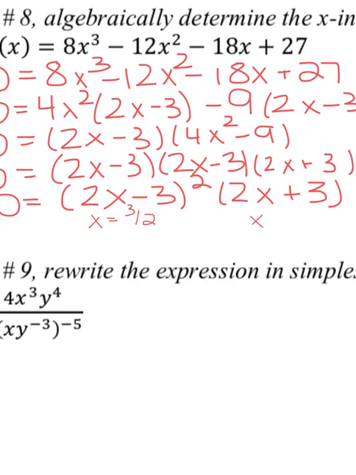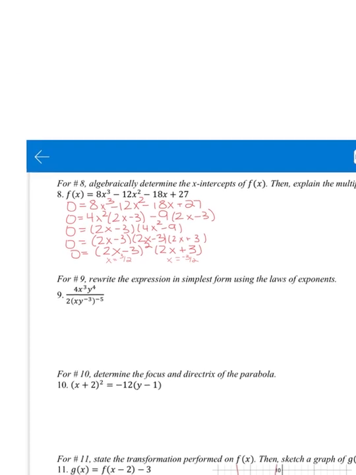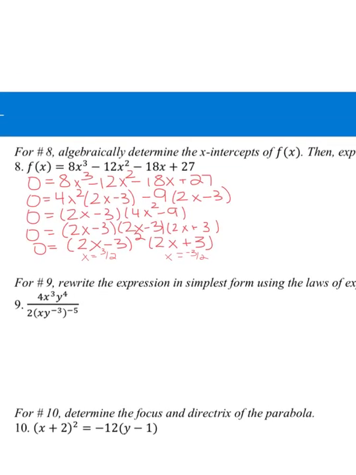And this one gives me x equals negative 3 over 2. But if you remember, for intercepts, you have to write those as coordinates. So the x-intercepts are 3 over 2, comma 0, and negative 3 over 2, comma 0. If you don't write it as points, you're going to lose credit. You have to write it as a coordinate, x, comma y.